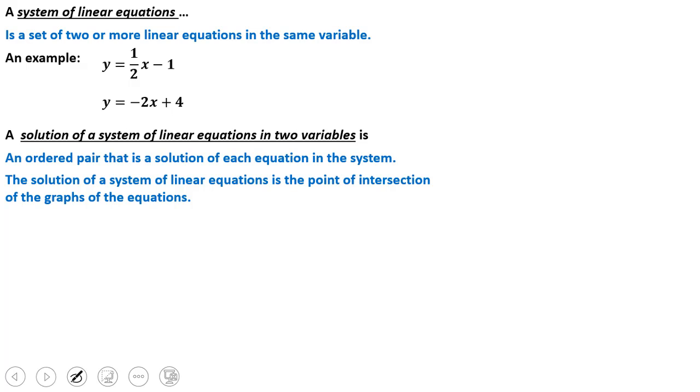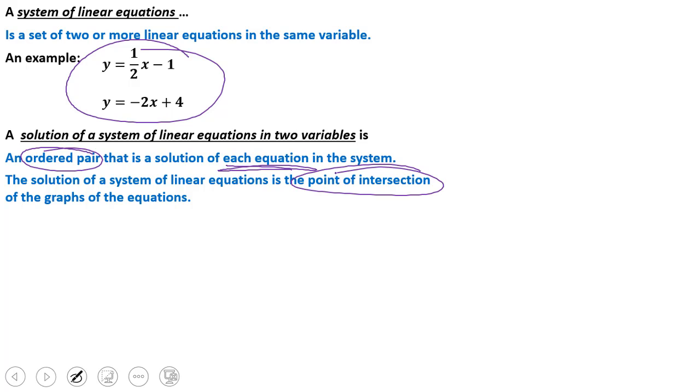An example of that, they gave right to you in the book: y equals x plus 1, y equals 2x minus 7. I have a different example right here because it's the same thing. And then, of course, a solution to the system of linear equations in two variables is the ordered pair that is the solution to each equation. And if you're graphing it, it's the point of intersection.